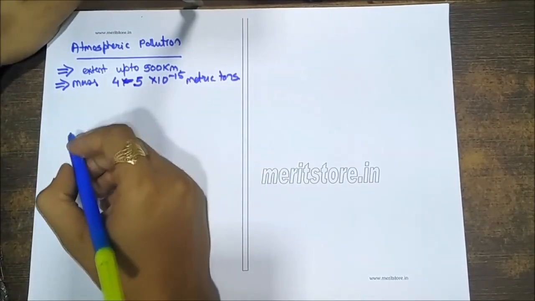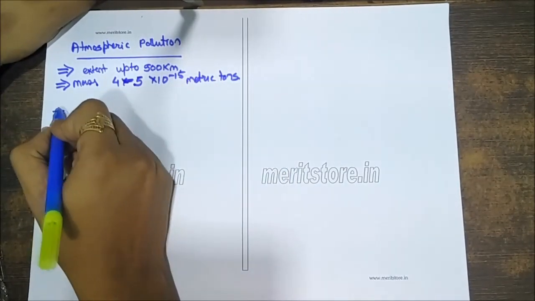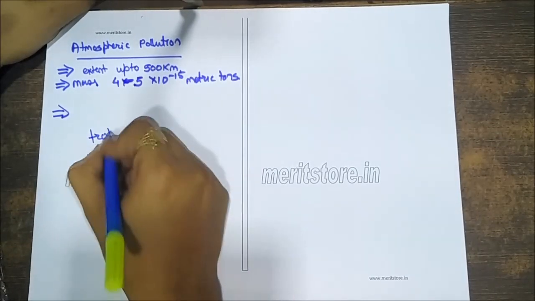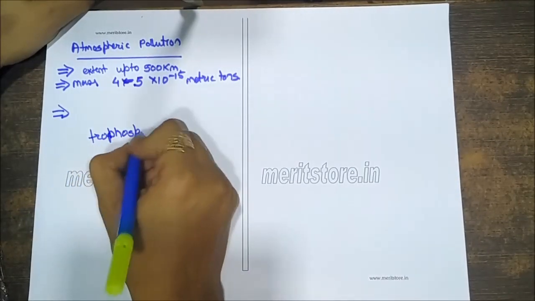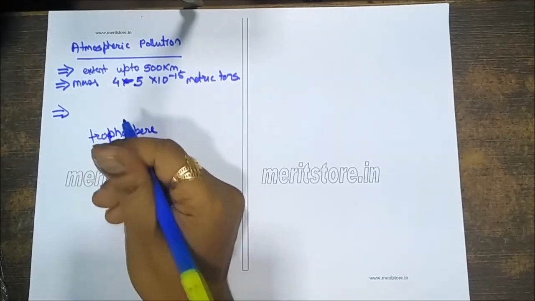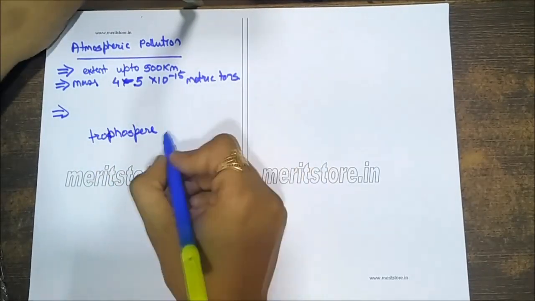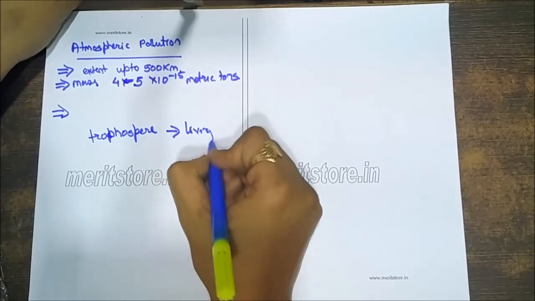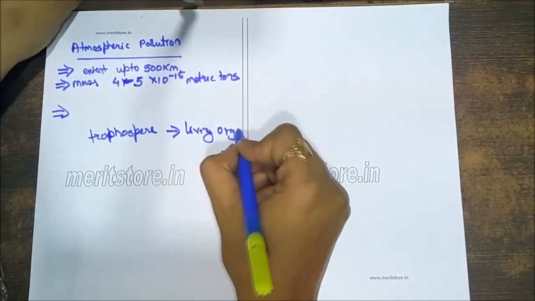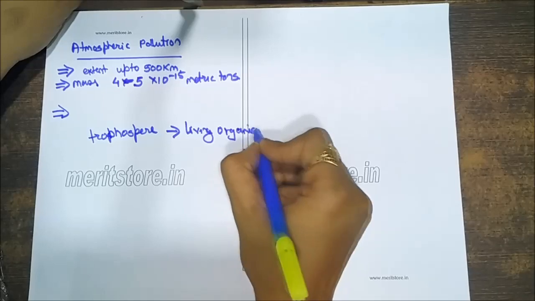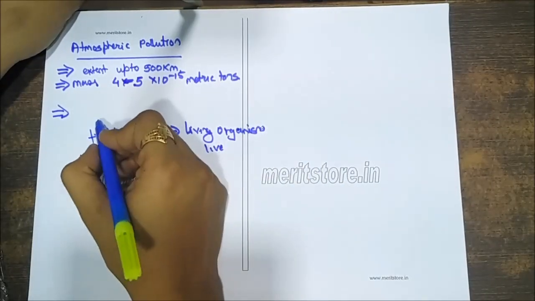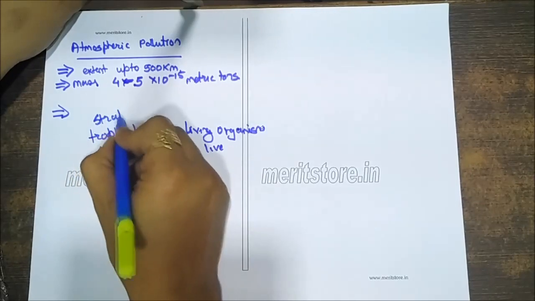Now the lowest region of atmosphere is the troposphere. What is troposphere? Where all of the living organisms, plants, and every living creature lives. Then above the troposphere is the stratosphere.